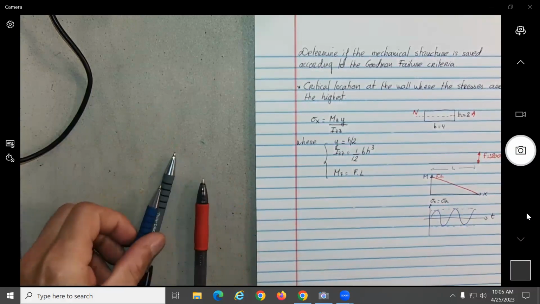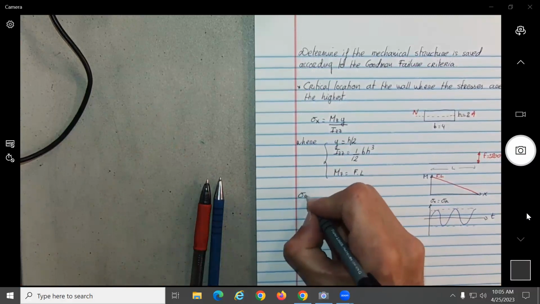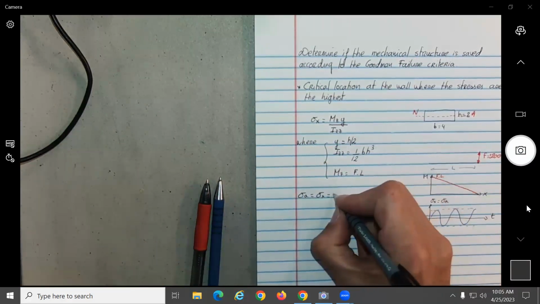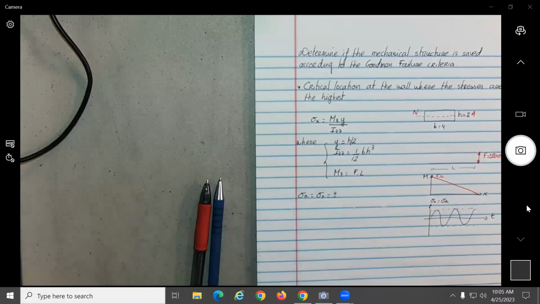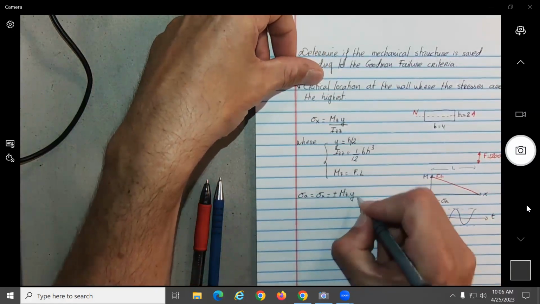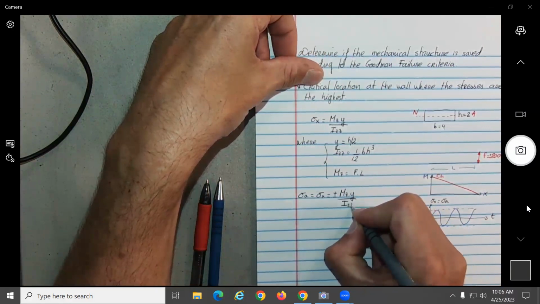So in other words, what are we going to have here? Our alternating stress should be equal to what? Sigma x, and like you mentioned, the moments will be alternating between positive and negative, which will be minus Mz y divided by Izz.